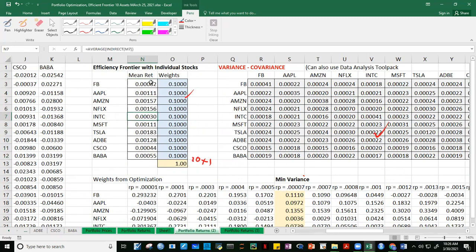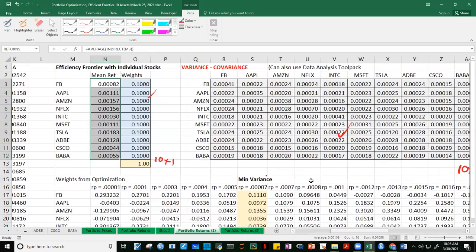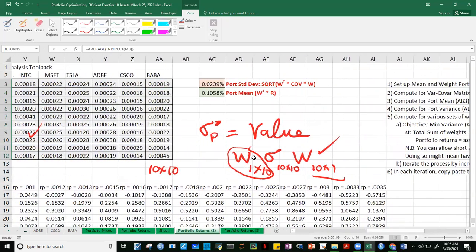So I gave this a name. The returns matrix. So si returns matrix dapat 10 by 1. So for this one, yung return ng portfolio natin, that should be one number lang.